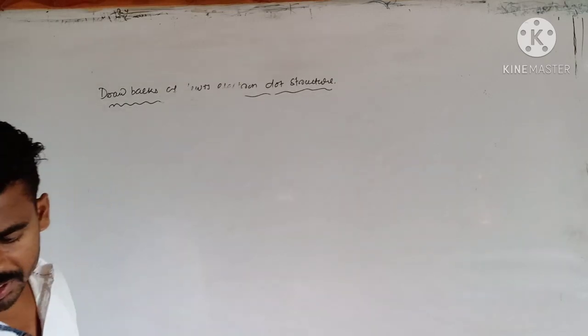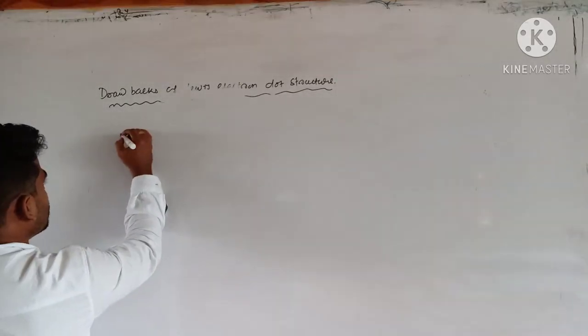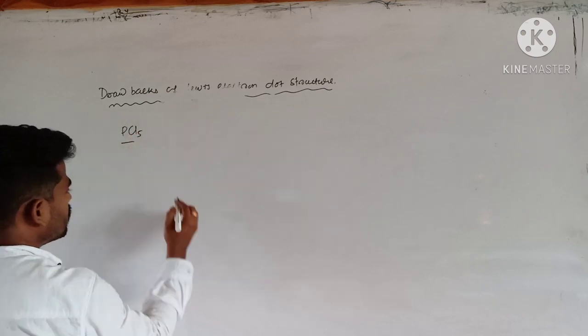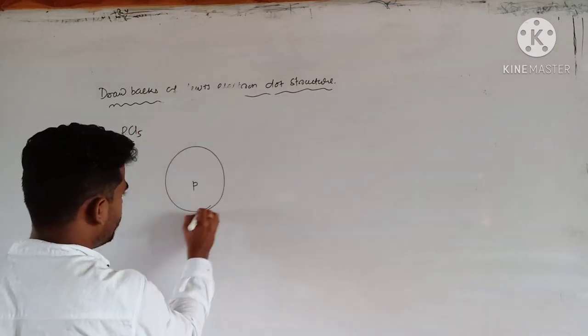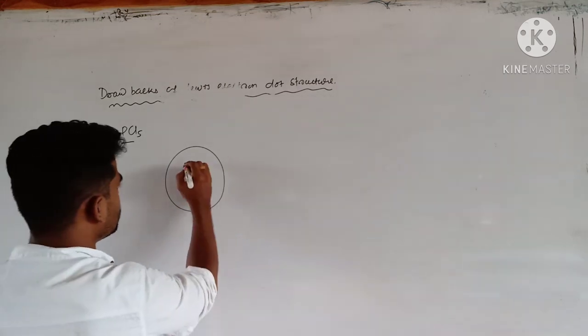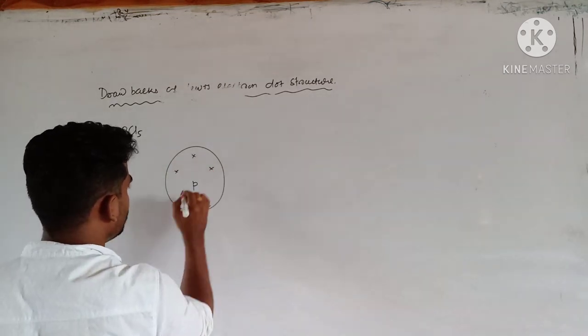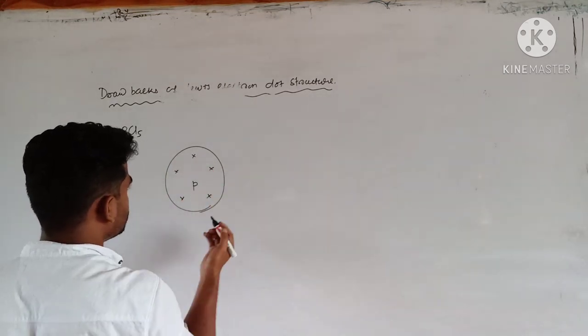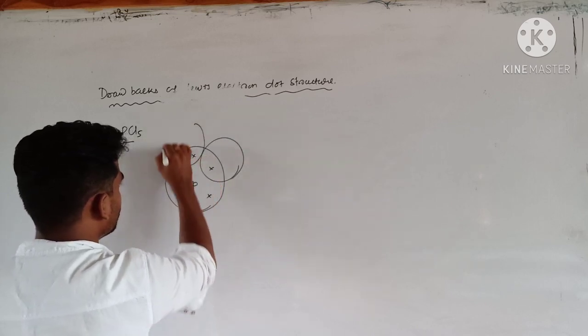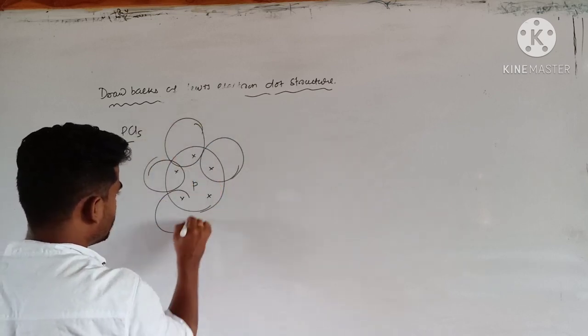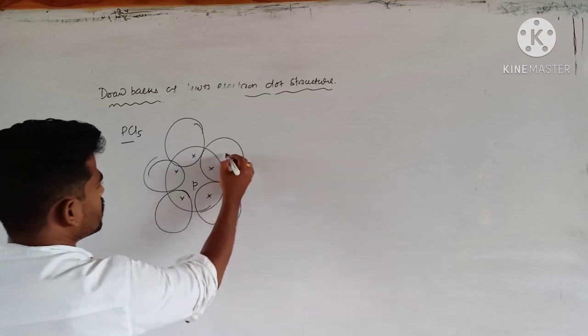And there are other molecules that are called hypervalent molecules, that is, above the octet configuration. For example, let's consider PCl5. This is the central phosphorus atom having 5 electrons in its valence shell: 1, 2, 3, 4, 5. And five Cl: one Cl, one Cl, one Cl, another Cl, and this one is Cl. Each are Cl.